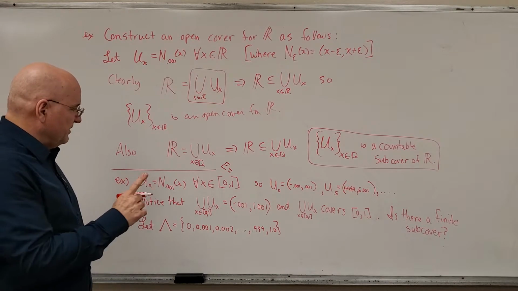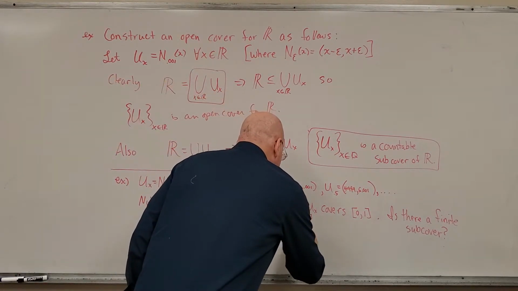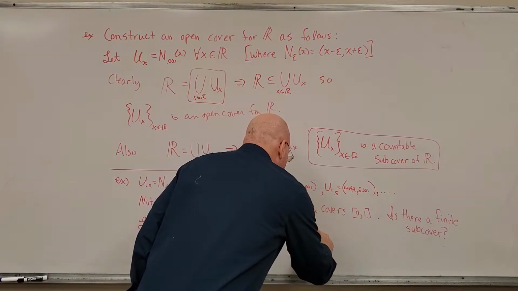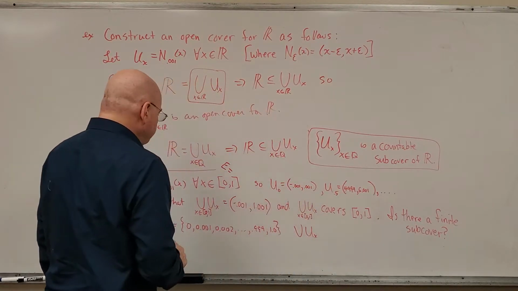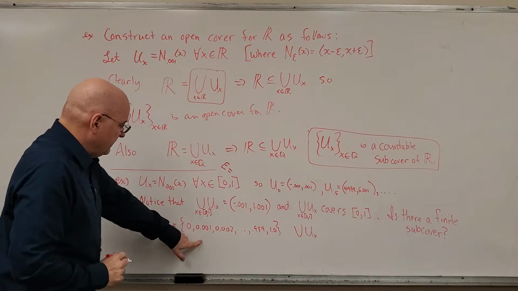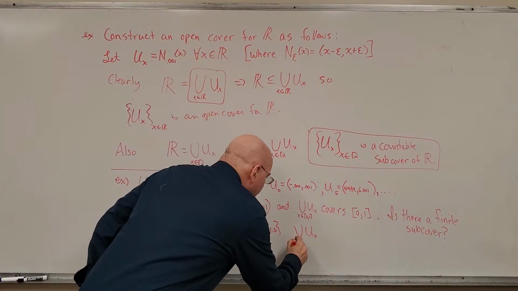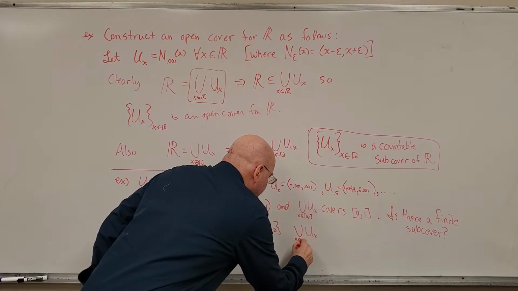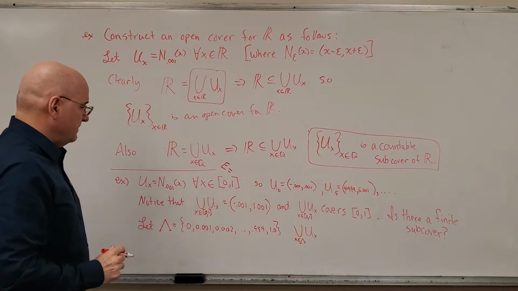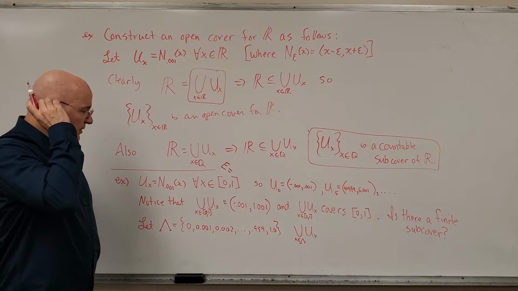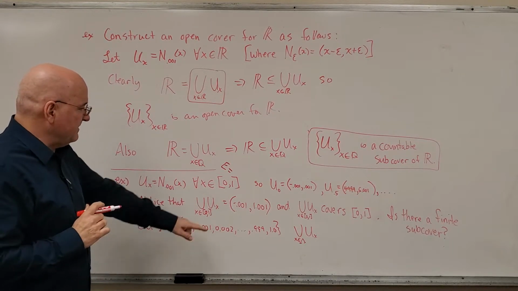But notice that the union of the U_x's, where the index set is simply this, x is an element of capital lambda, if we union all of those together, we're going to get exactly the same thing.